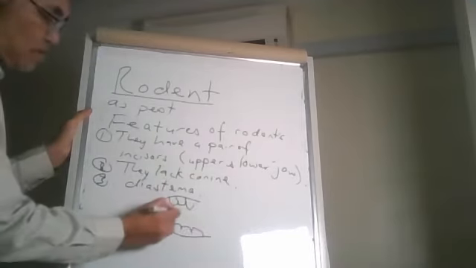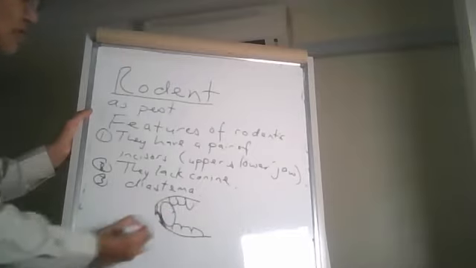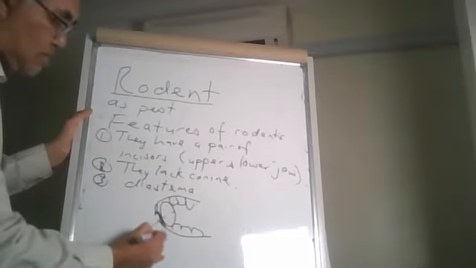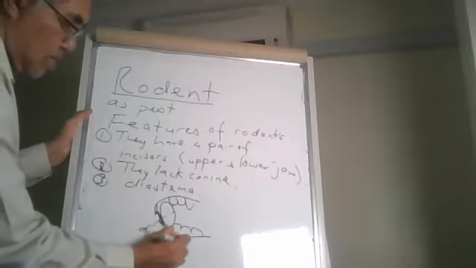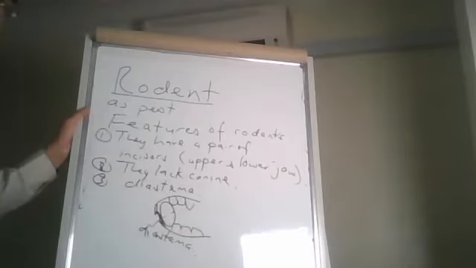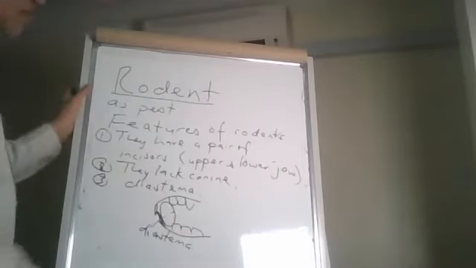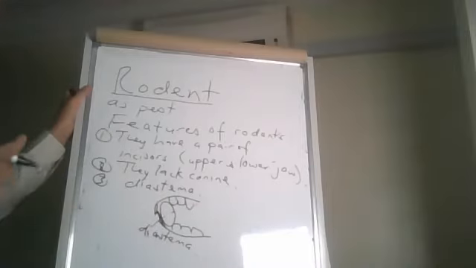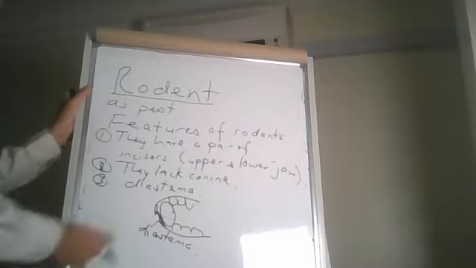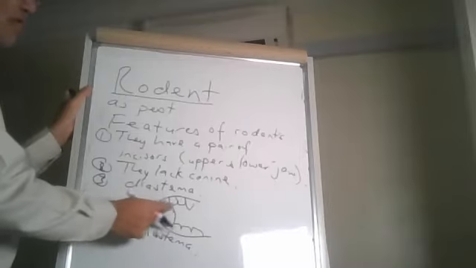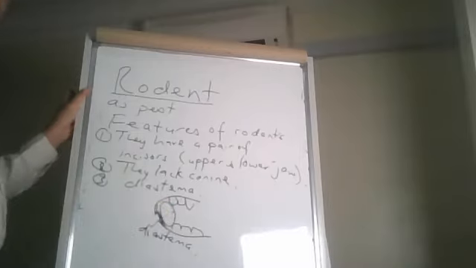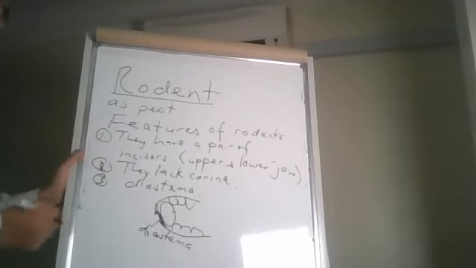So this empty space is called a diastema. Okay. So there's a difference between other mammals and the rodents, the fact that they have this hollow space, a diastema, which has a survival value.